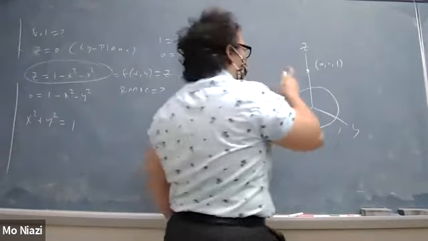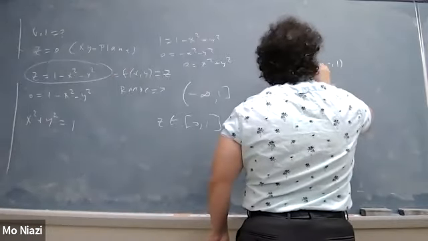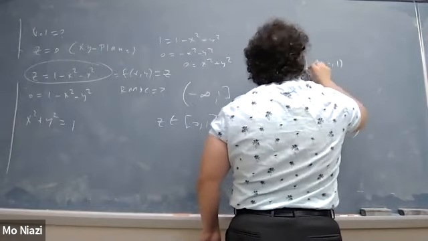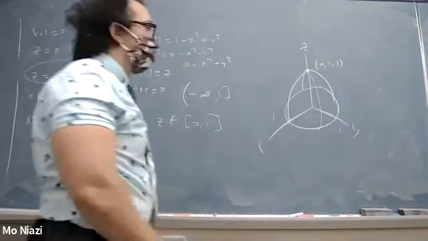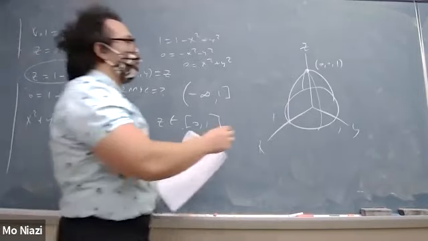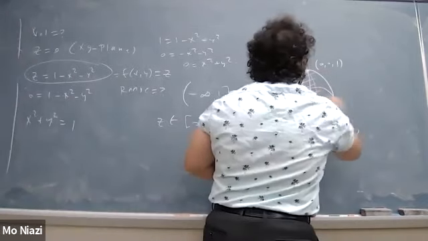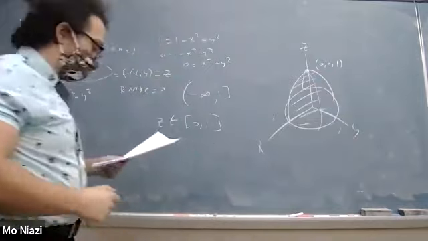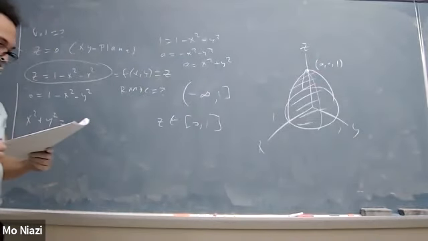So what forms is actually like a dome, like that. So we want to find the volume of this dome. That's what's going on here.